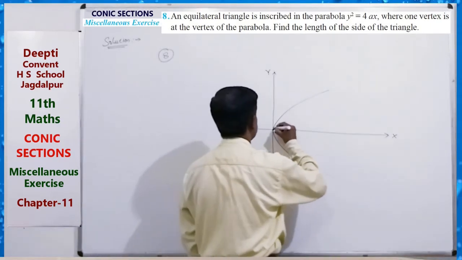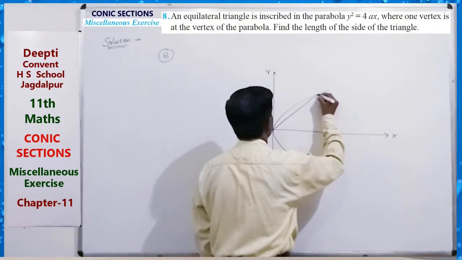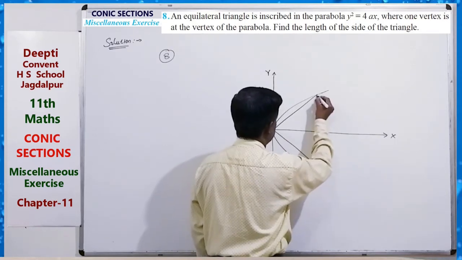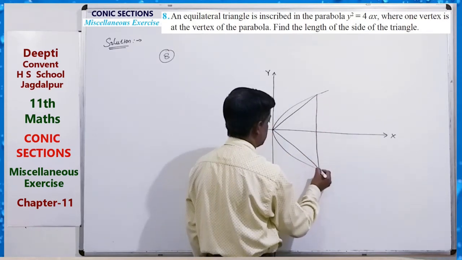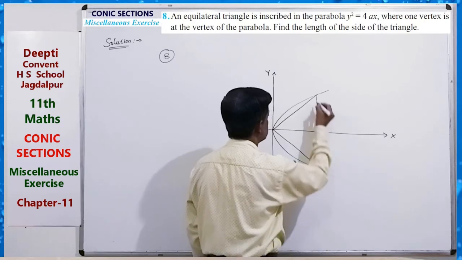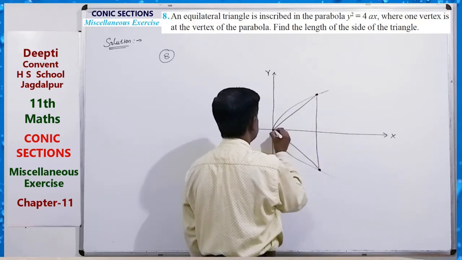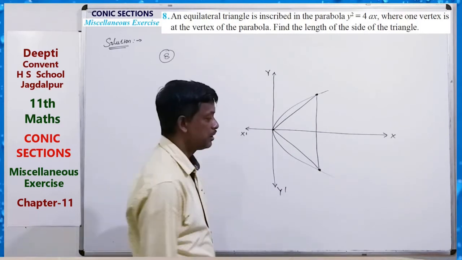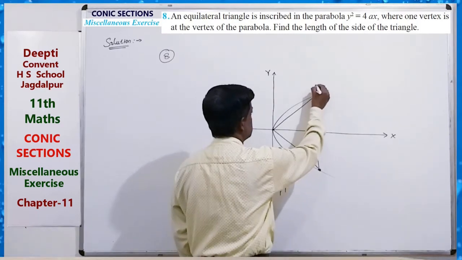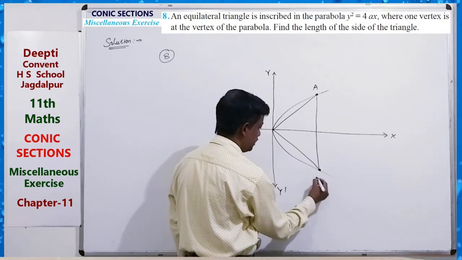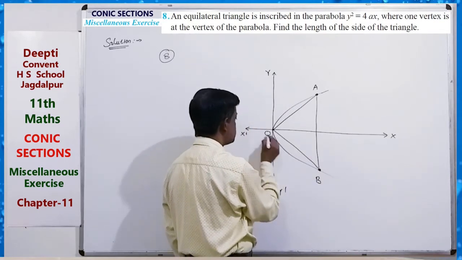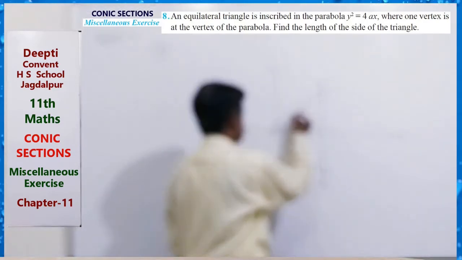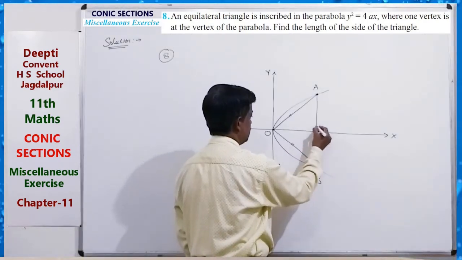Take this vertical line. Okay, so suppose this point is A, this point is B, and this is O, the center. Equilateral triangle, all sides are equal.